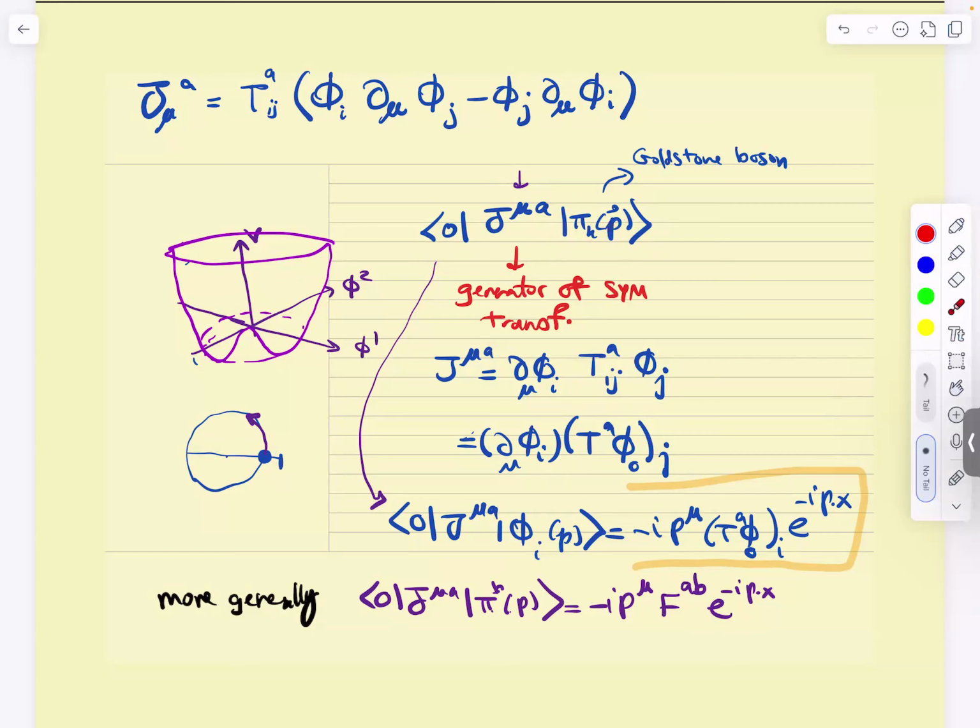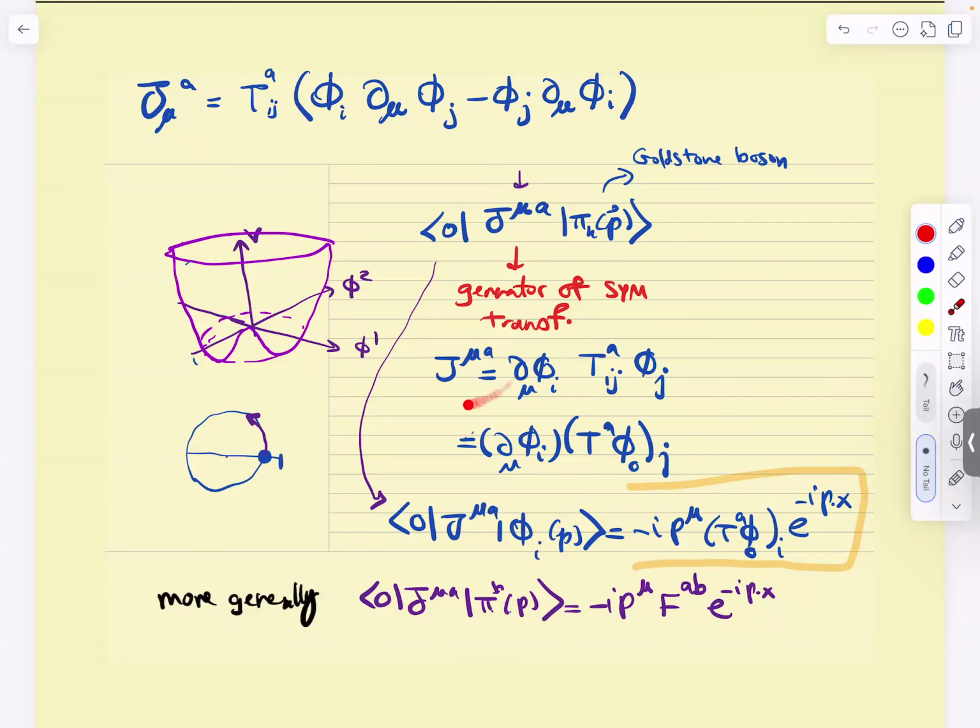Is it clear what I'm doing? So I'm just looking at the Goldstone boson next to the current. Why am I doing that? Because if I take a del mu of this, it has to vanish. Right?